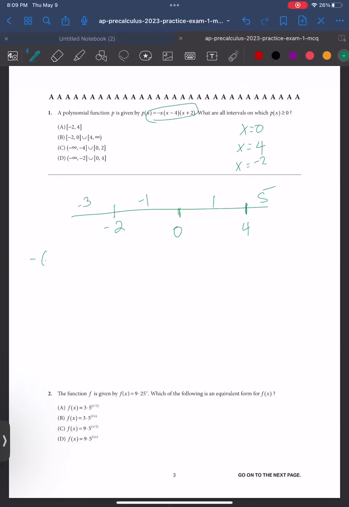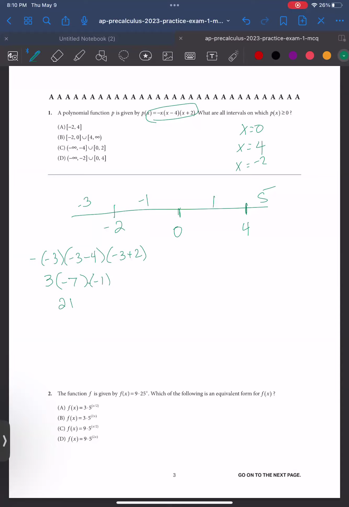So I have negative 3 times negative 3 minus 4 times negative 3 plus 2. So that's going to give me a positive 3 times negative 7 times negative 1. Well, that's going to give me a positive 21, right? So are we positive here? Yes. Okay, so I can already find the answer just by doing this one side.